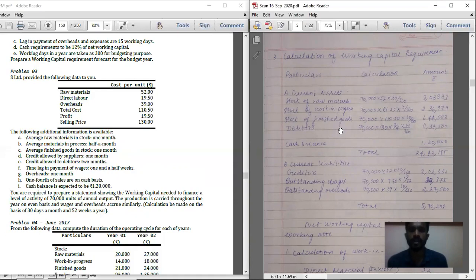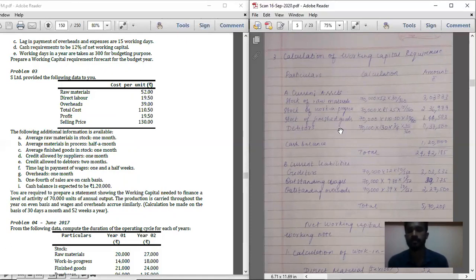Below that, draw a 3-column table: first column particulars, second column calculation, and third column amount. Below particulars, capital A, current assets.